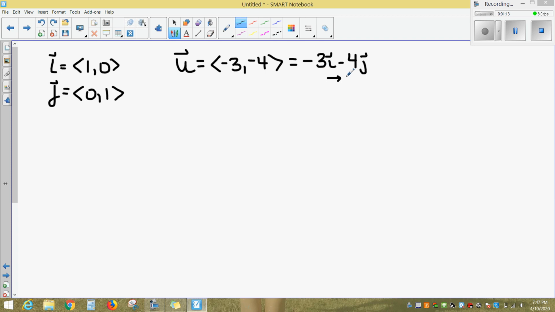Same thing with my -4. If I want to go straight down 4 units, I take my vector pointed straight up, take it times a negative sign to flip it down, and take it times 4 to change the length.